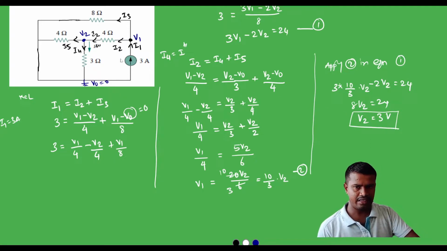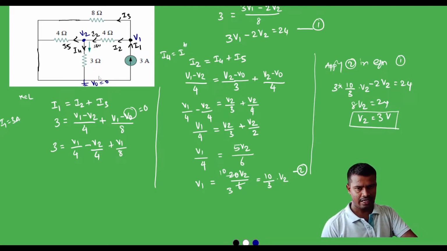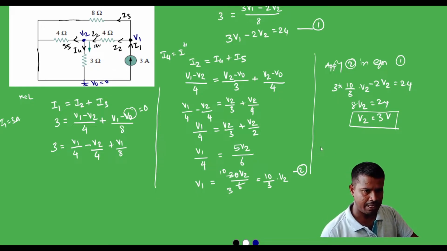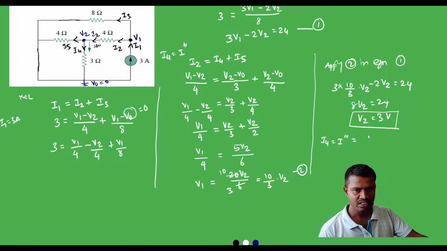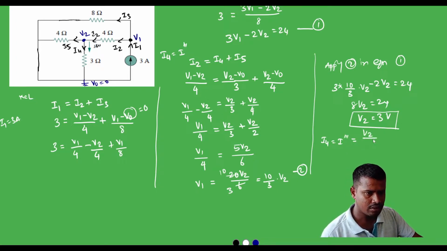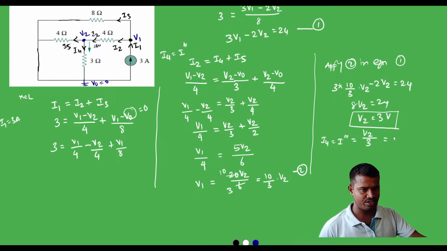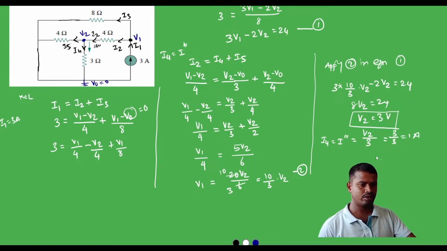Now we have found the value of V2. We will apply this V2 here and find the value of current I triple prime. So I triple prime, that is I4, is equal to V2 by 3, which is 3 by 3, equal to 1 amp. Okay.